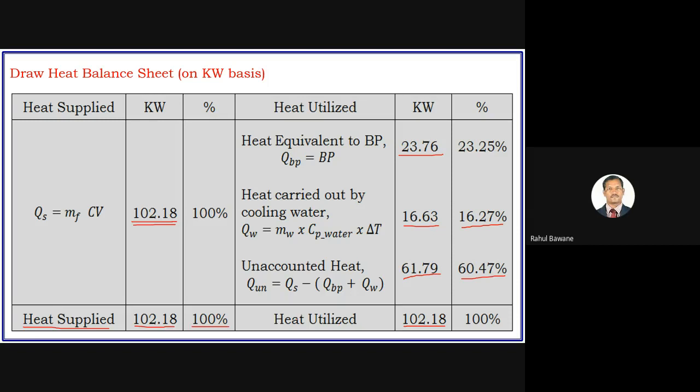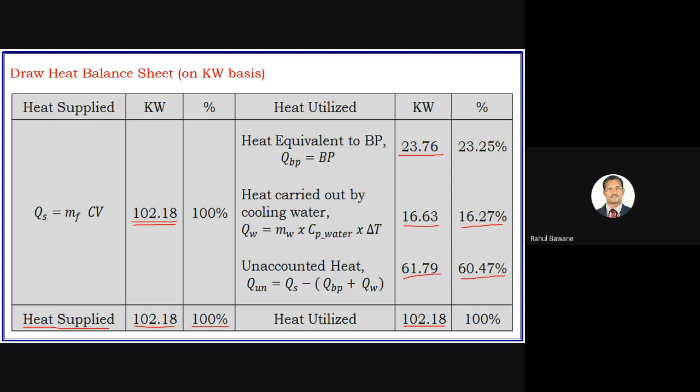But in the final table, we have to blindly follow the total heat supplied, 102.18. We must write here total heat utilized 102.18, even though the direct addition is not matching 102.18.